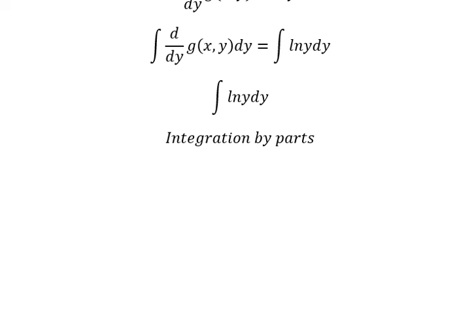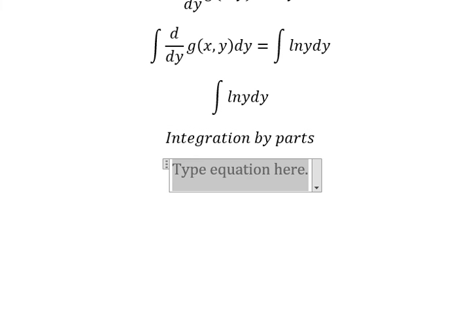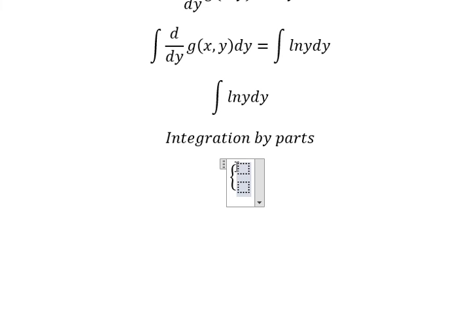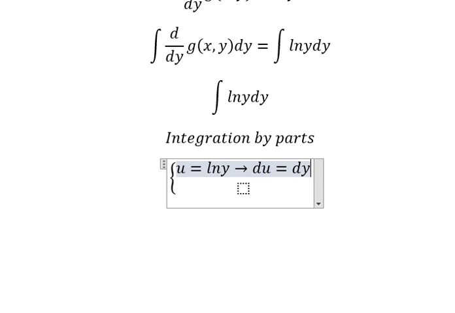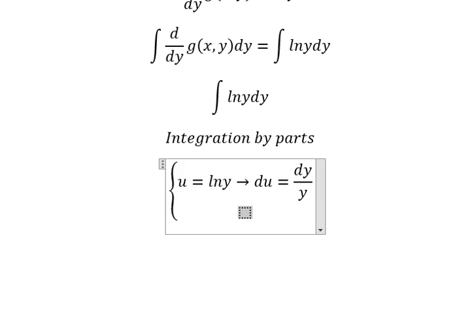So I will put u equals to ln y. Now we need to do first the derivative for both sides, and we have dy over y. dv equals to dy. The integration of this one, we have v equals to y.